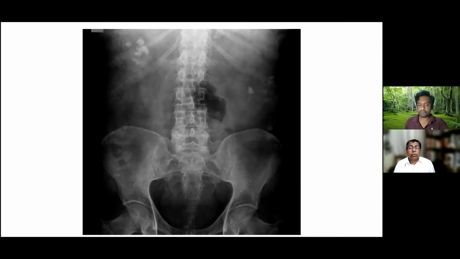Okay, how sure are you about the side placement of this X-ray? Sorry, sir, I couldn't get the question. How sure are you about the placement of this X-ray? You're mentioning right and left.